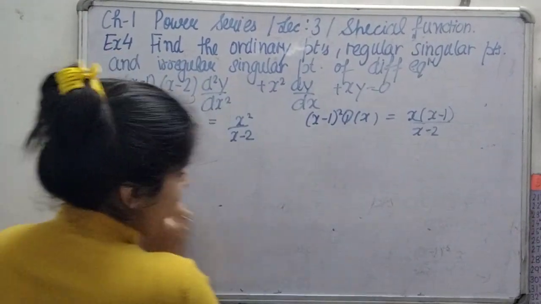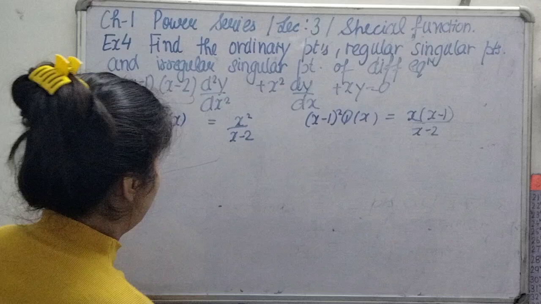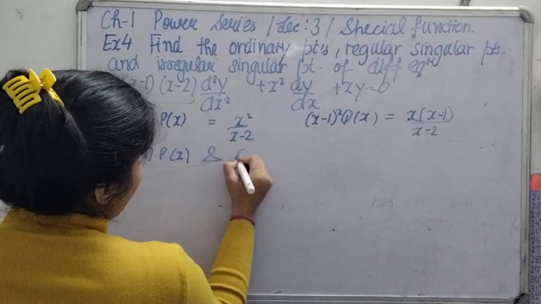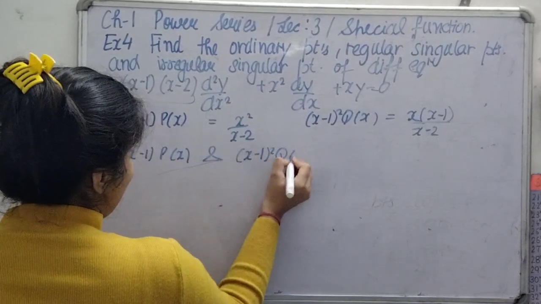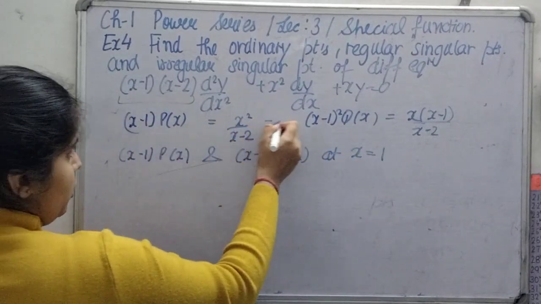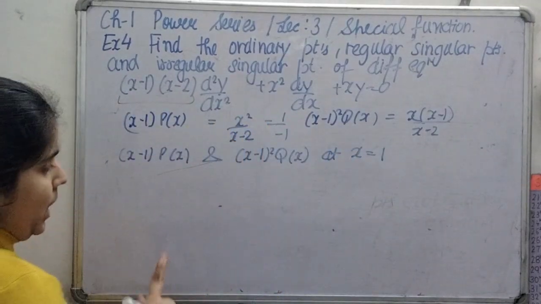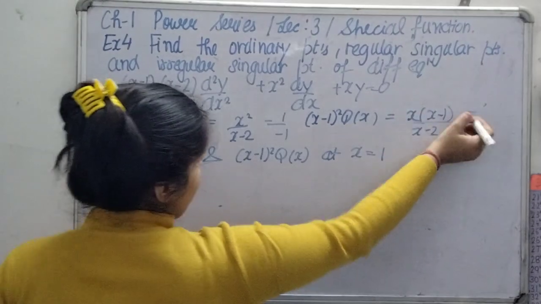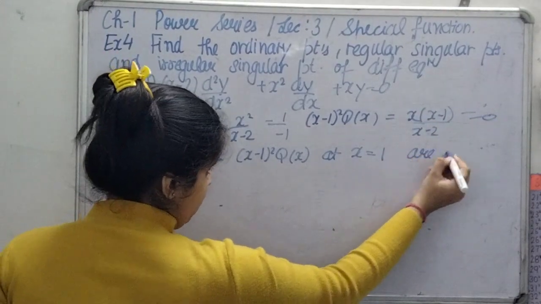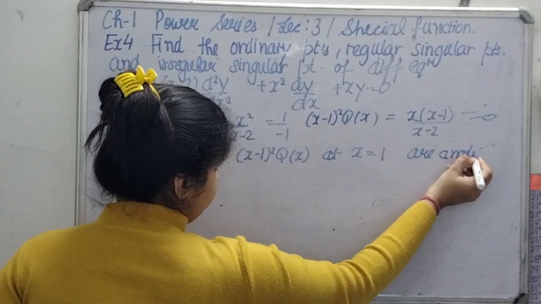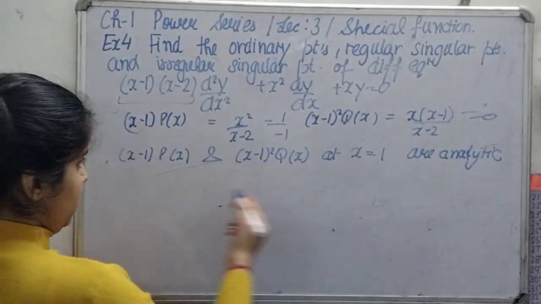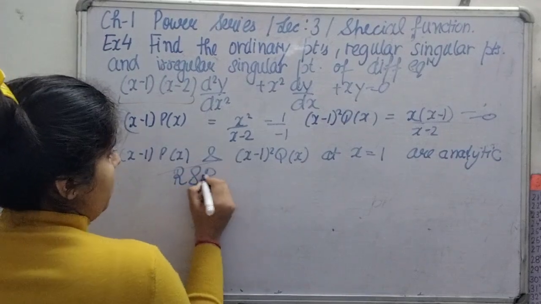Now let us see कि x minus 1 px and x minus 1 square qx, these are analytic or not at x is equal to 1. So at x is equal to 1 की वैल्यू आ रही है minus 1 upon minus 1. At x is equal to 1 की वैल्यू आ रही है 0. Means both these functions at x is equal to 1 are defined or we can say are analytic. Function defined है, analytic है, hence अगर ये analytic हो जाते हैं then we have the regular singular point.